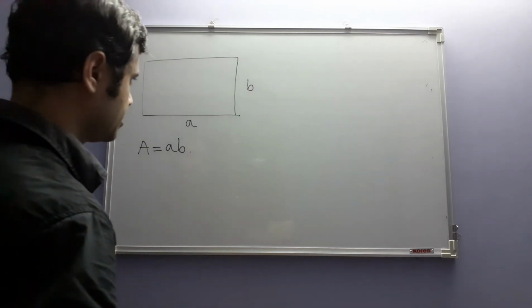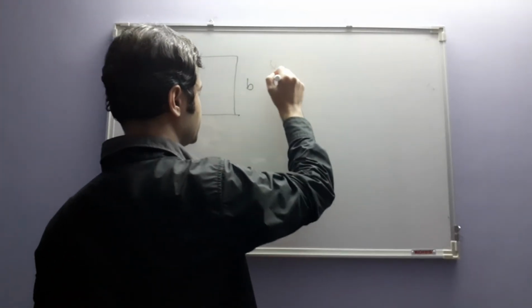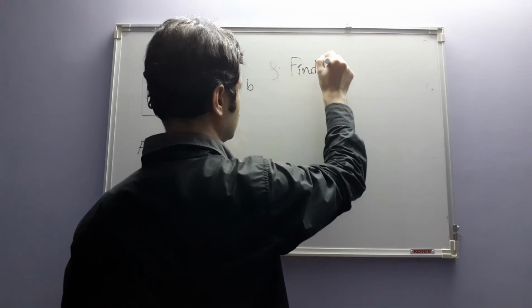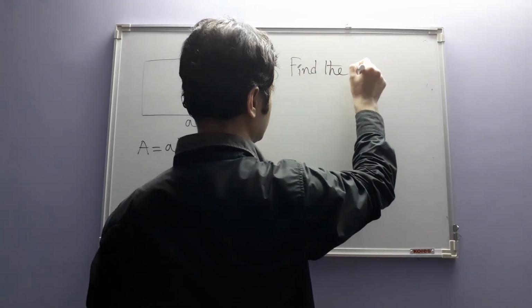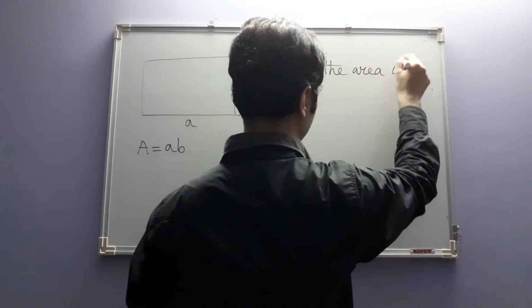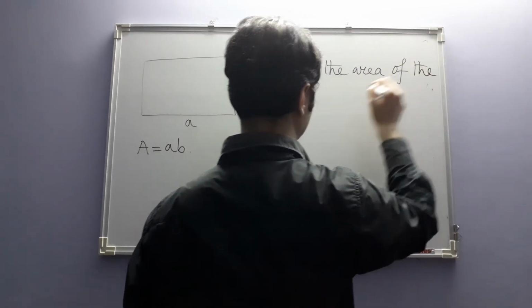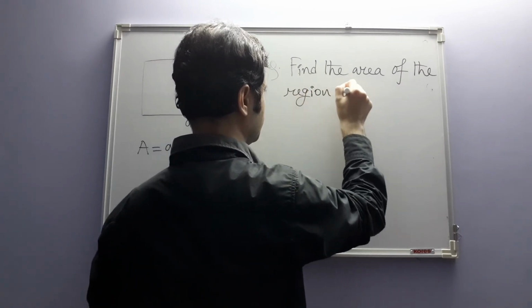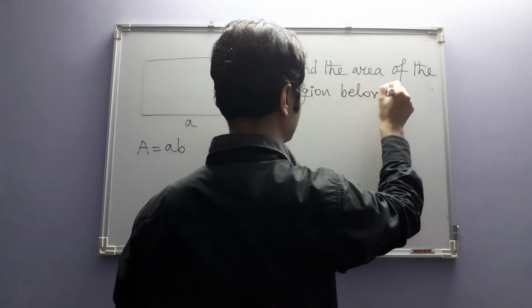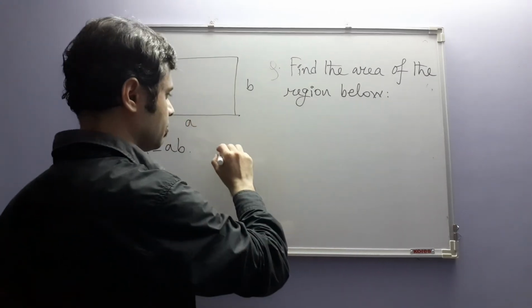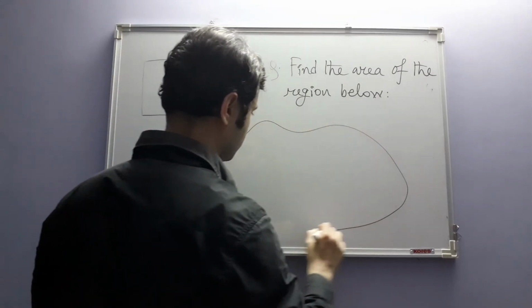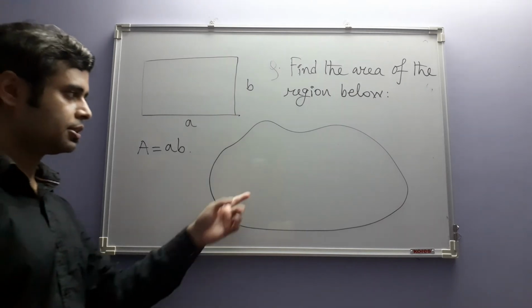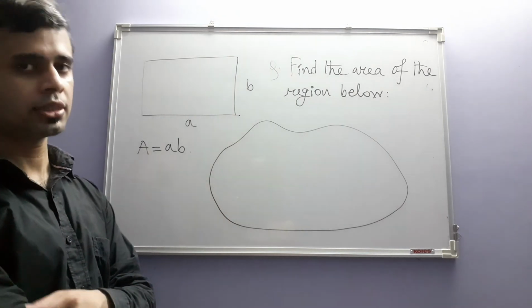Now look at this. Suppose I pose this question: find the area of the region below. Now this is a highly irregular shape.